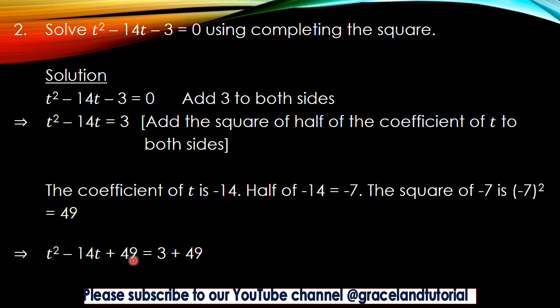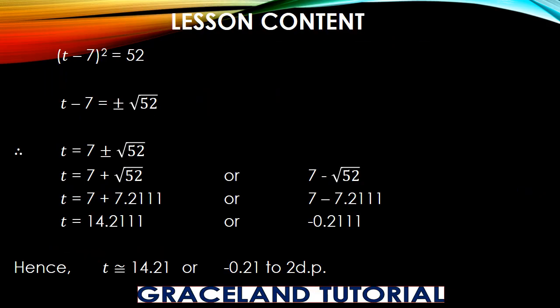That is why we have added it to the left-hand side and also to the right-hand side. That will give t minus 7 squared equal to 52. Remember, 49 plus 3 is equal to 52.